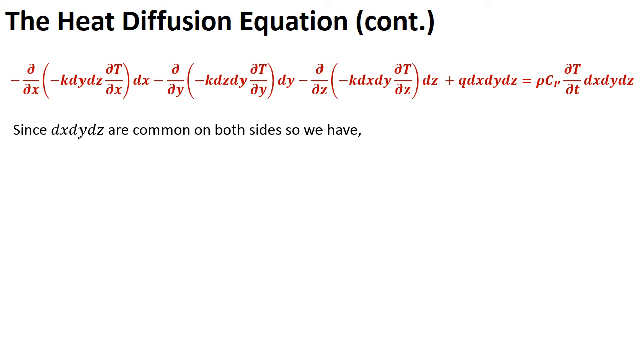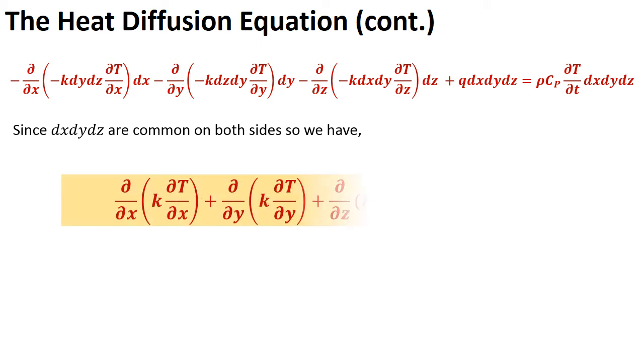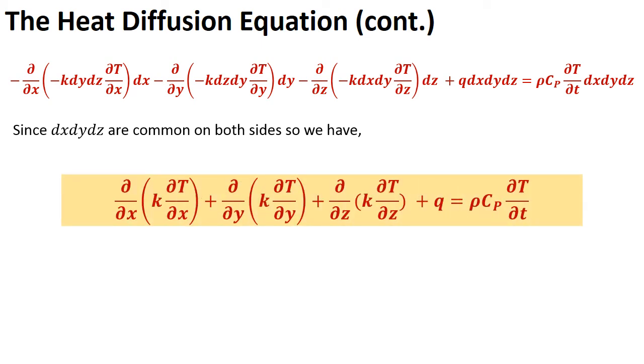Since dx, dy, dz are common on both sides, we can come up with the equation ∂/∂x times k ∂T/∂x plus ∂/∂y times k ∂T/∂y plus ∂/∂z times k ∂T/∂z plus q is equal to rho Cp ∂T over ∂t. dx, dy, dz are cancelled out from both sides, and we have come up with the general equation.